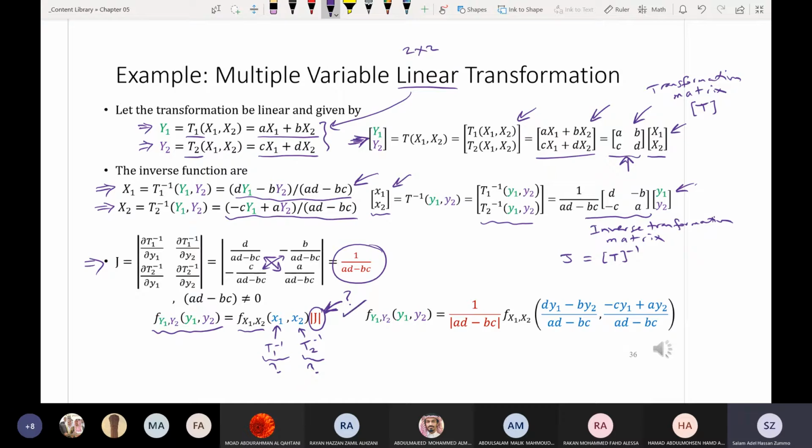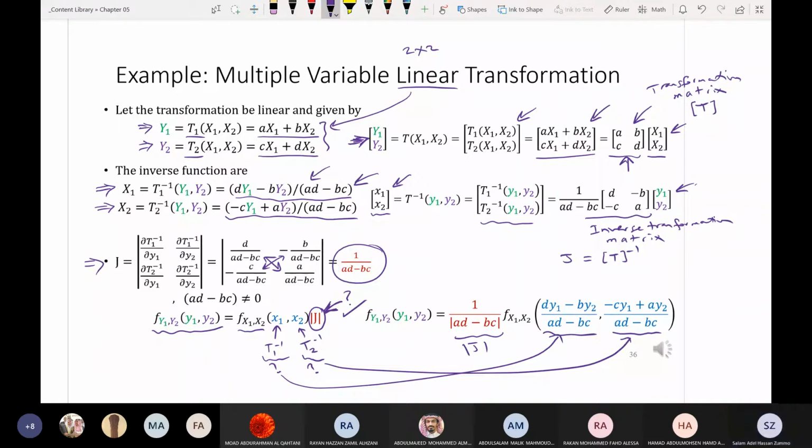I have T1 inverse, which we found already here, and T2 inverse, which is this, which we already found by solving the two equations for x1 and x2. And I write the Jacobian determinant.